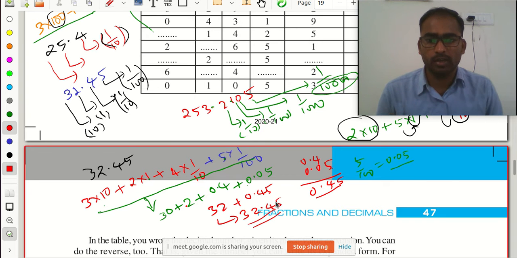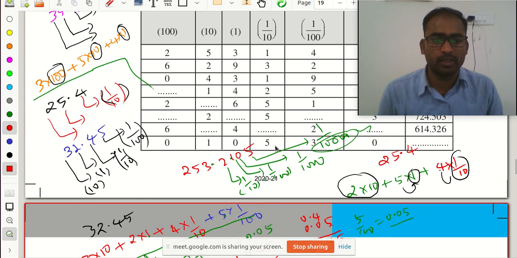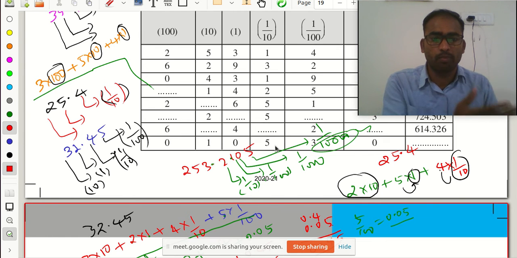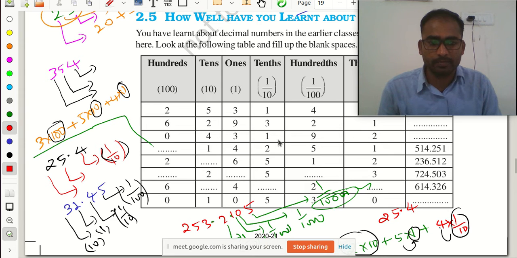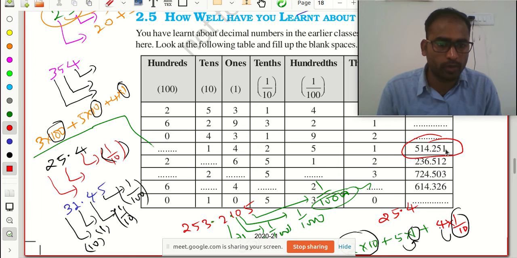Have you understood now why I am writing 1 by 10, 1 by 100, 1 by 1000 after the decimal, but before the decimal ones, tens, hundreds, thousands? You understood that reason now? And we can see here the listed examples. 514.251. This 4 is in the ones place, 1 is in the tens place, 5 is in the hundreds place. Next, 2 is in the 1 by 10th place, 5 is in the 1 by 100, 1 is in the 1 by 1000.